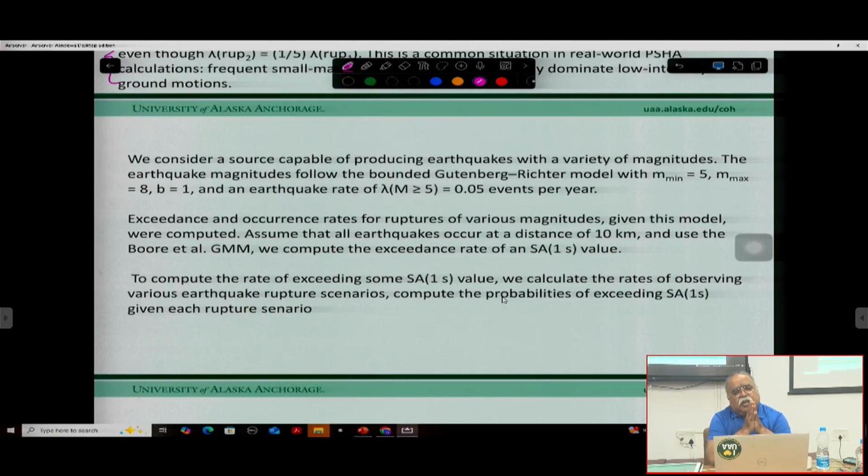So usually the peak ground acceleration, SA at 1 second and SA at 0.2 second, these are usually provided, right?